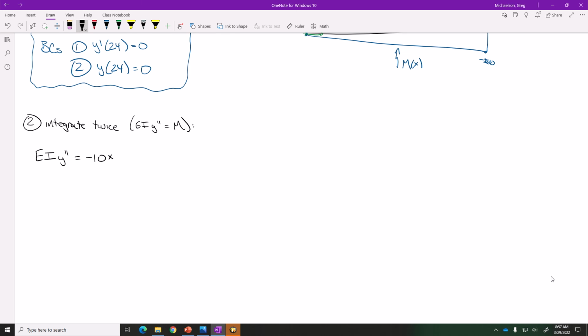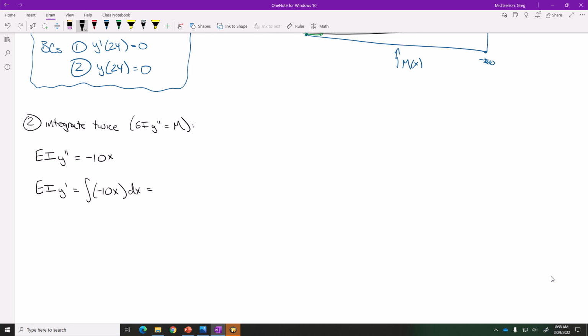So EI y prime is the integral of that. What's the integral of x?